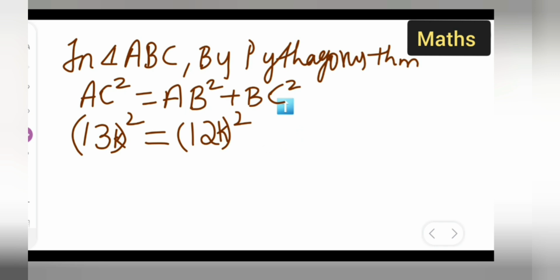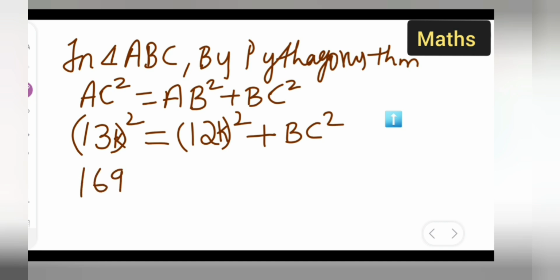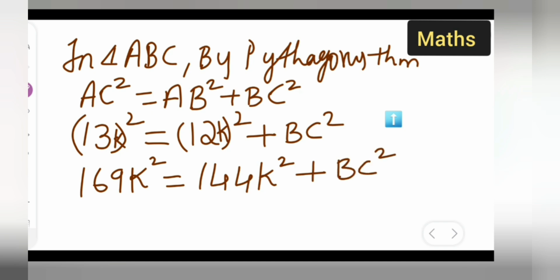Plus BC we need to find out, plus BC the whole square, write it as it is. Now 13k square is nothing but 169k the whole square is equal to 12k square, which means 144k square, plus BC the whole square.